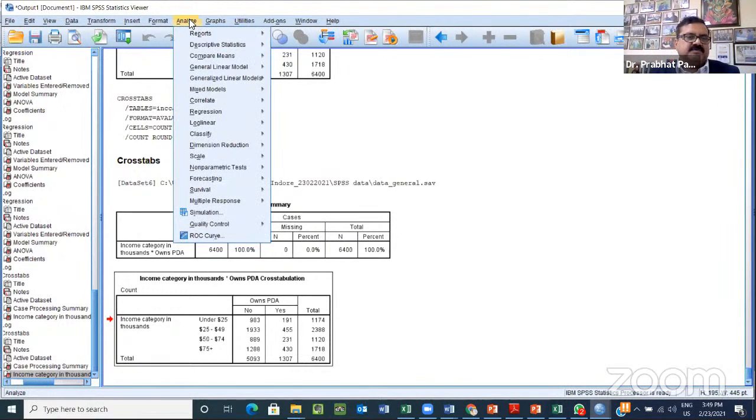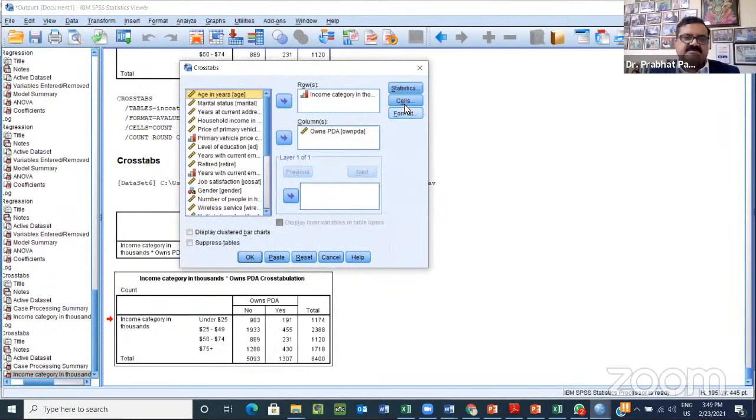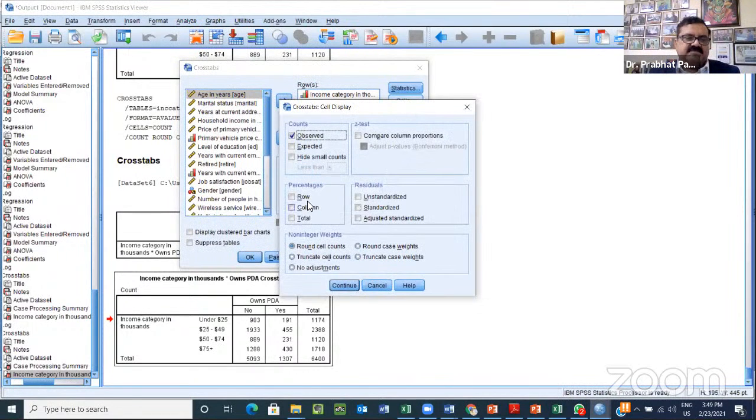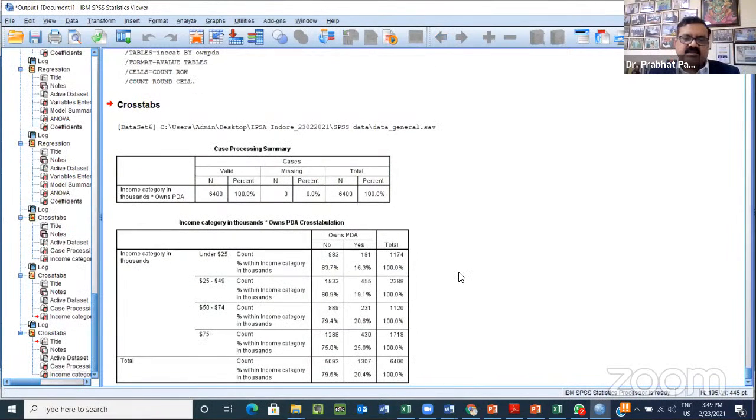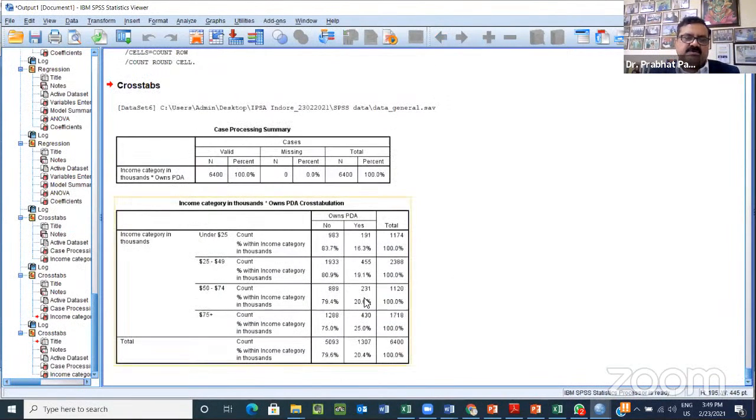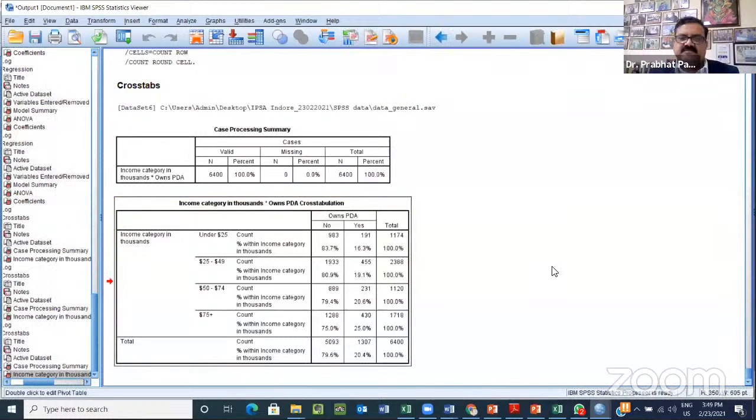So in order to find out the relative number, we go back again to the table creation, we go to cell, and then we say, okay, why don't you give me percentage row wise? So I just checked percentage row and then clicked it. So you see how beautiful a table is created in front of us.